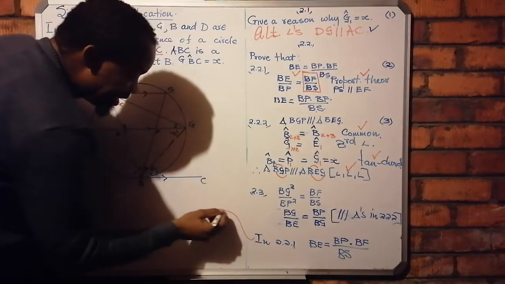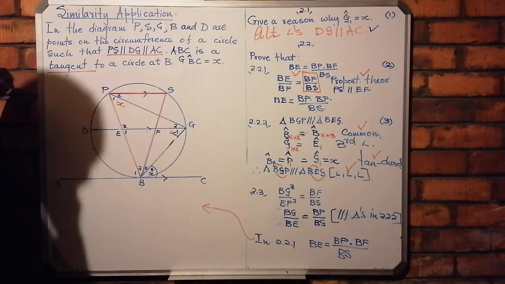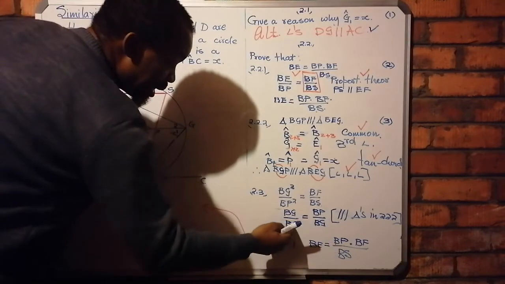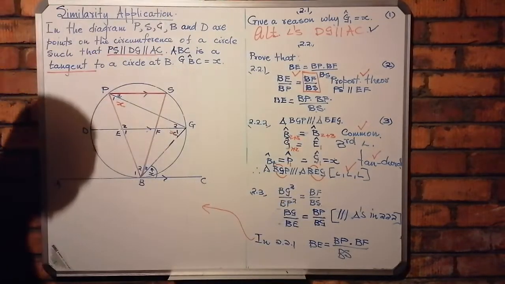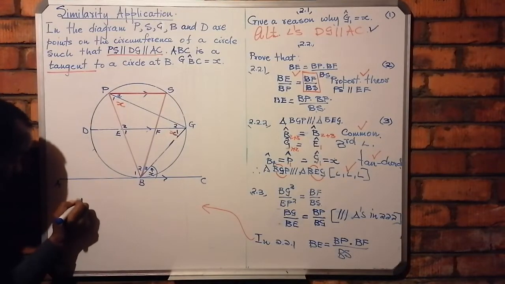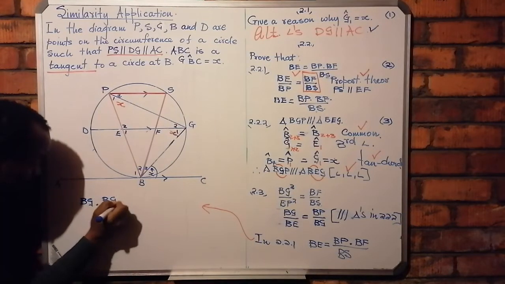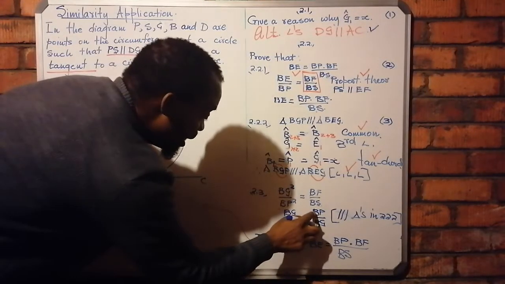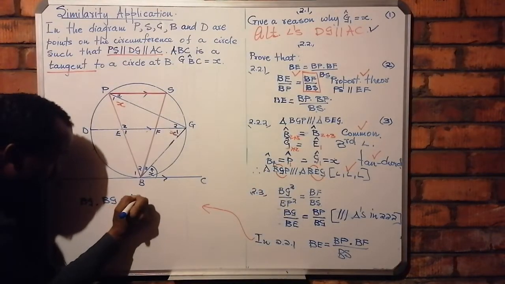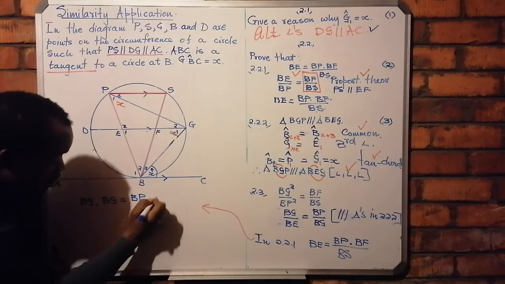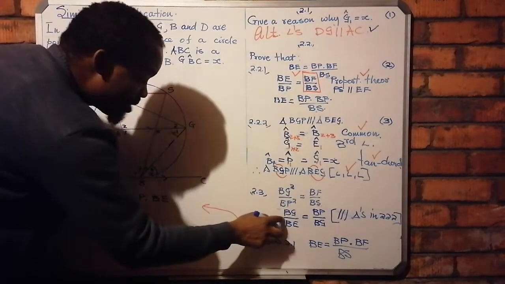Now, let's take it to this side. Therefore, that means that this times that, I'm just now cross multiplying here. That means that BG multiplied by BG, this one times that one, is equals to BP multiplied by BE. I'm taking this from that.